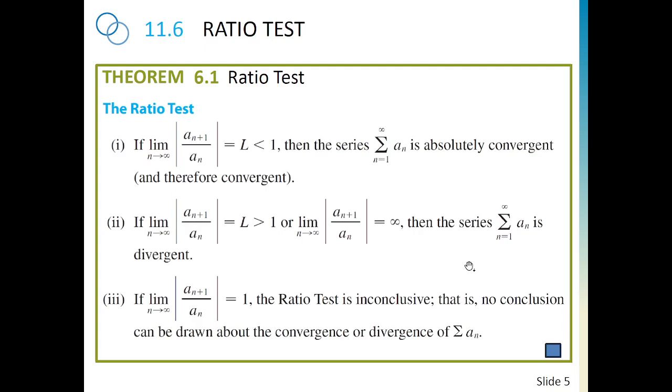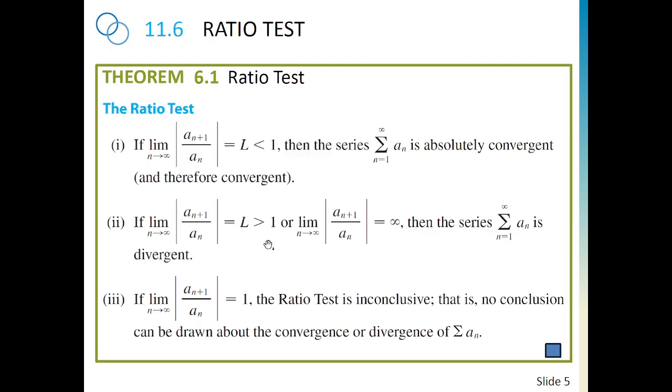This is the rewriting of the same result of the ratio test. If the limit of the ratio of two consecutive terms is a number, obviously positive because we have absolute value, smaller than 1, then the series is absolutely convergent, and therefore the series itself is convergent.